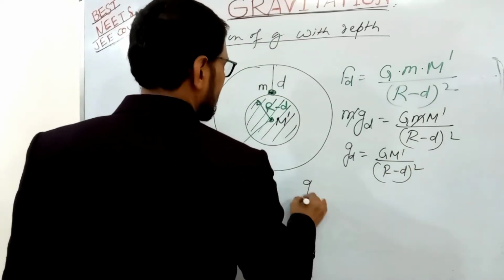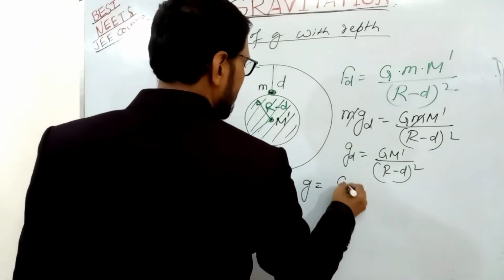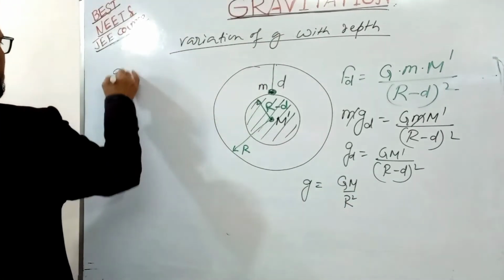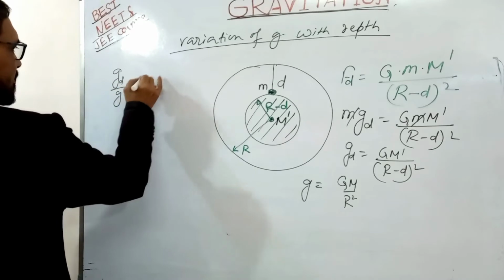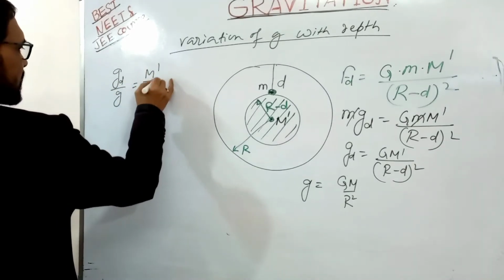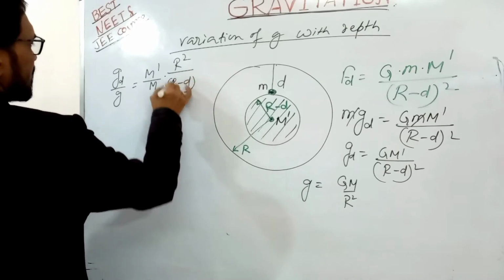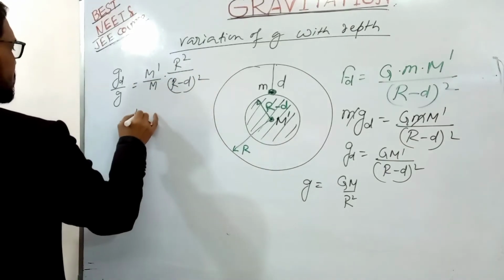Now at the surface, g equals GM by r square. So if we divide gd by g, we get m dash by M and r square by r minus d whole square.